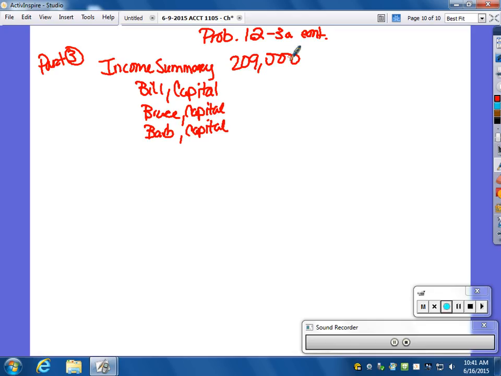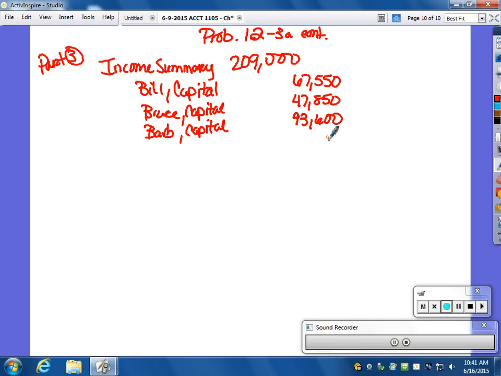You're not using ratio, where did you get that from? Just use the total share. What's the total share for Bill? 67,550. Bruce, 47,850. Barb, 93,600. Does it balance? Yes. All right.